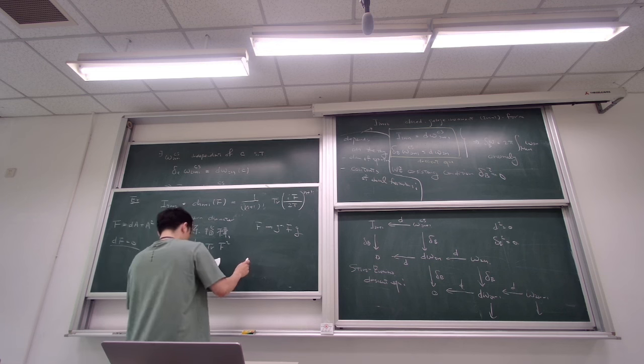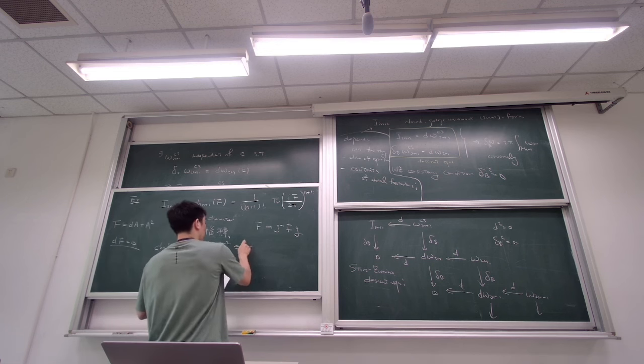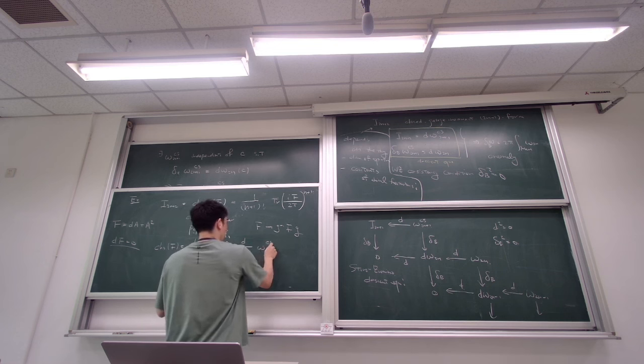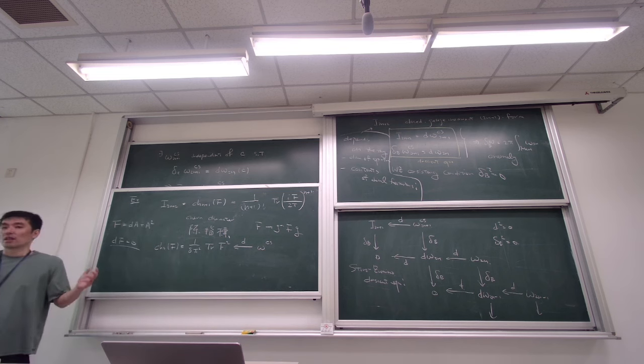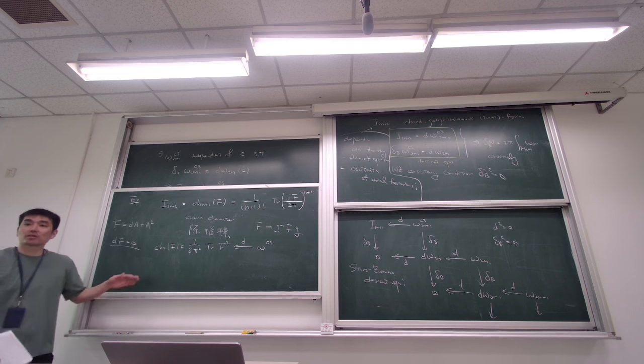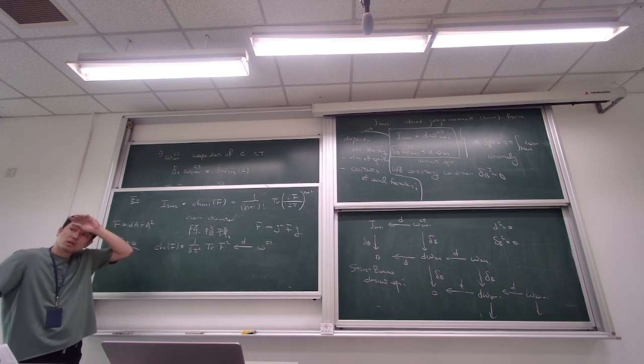Okay. And then to get the d omega Chern-Simons, which form is this? What is the degree of the exterior derivative?